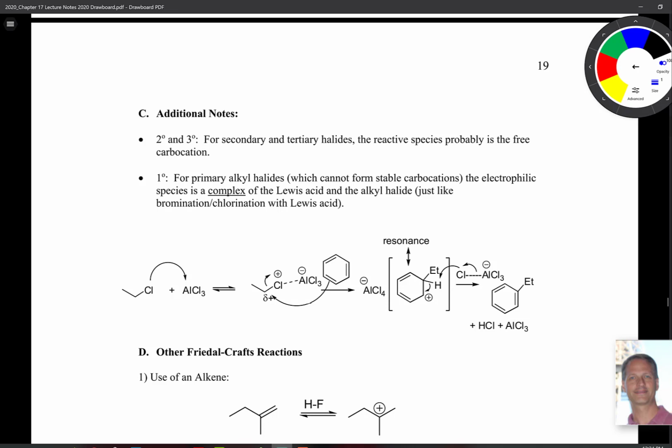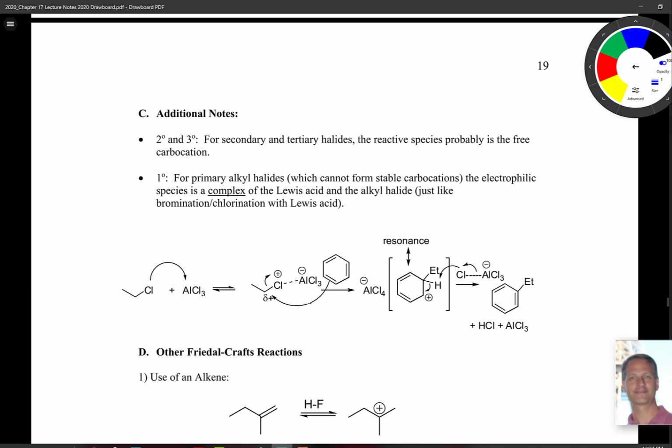But the other thing that we have to worry about a little bit as far as the mechanism is that the carbocation that's formed is probably only forming for more stable carbocations. So remember, all carbocations are unstable, but secondary and tertiary or allylic are probably more stable than primary. So the free carbocation probably forms under those circumstances.